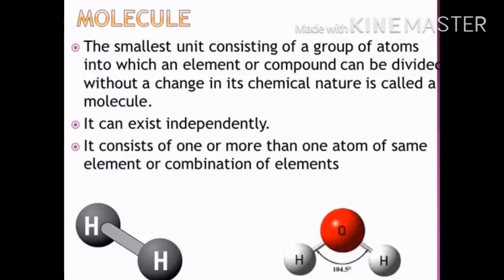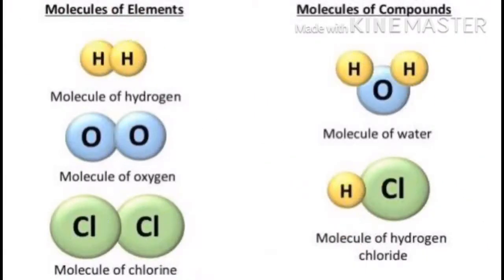So a molecule can be formed from the same atoms or from different atoms. Here you can see the molecules of same atoms and different atoms, like H2 and HCl. H2 is a molecule of the same atoms and HCl is a molecule of different atoms.